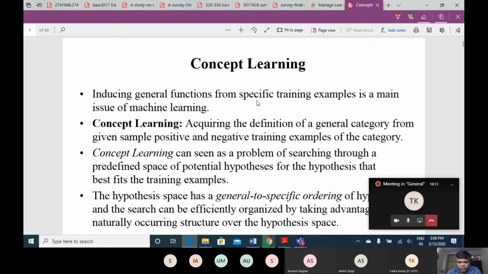Maybe it cannot walk, maybe it doesn't have eyes, maybe it doesn't have legs, but it has wings. So if all of the other values are no and wings is yes, then we can say it is a bird. And suppose we say wings and fly are yes and all other features are no, then also it is a bird.